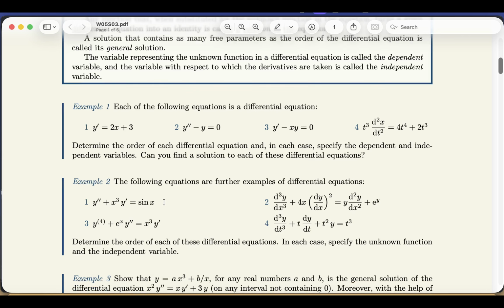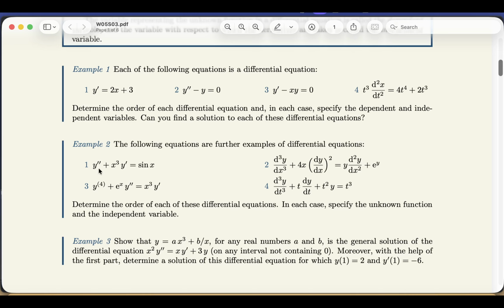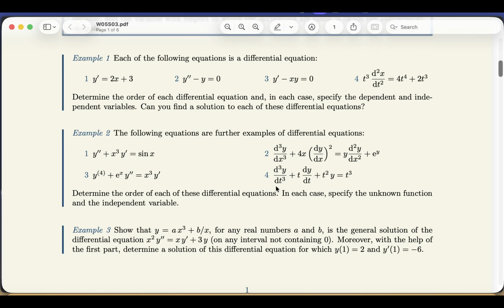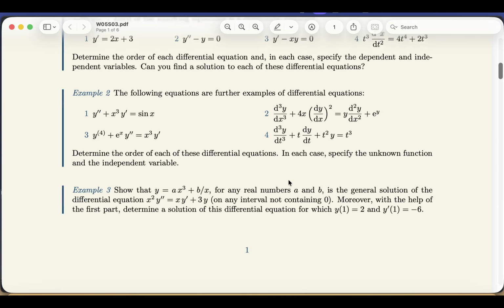Okay, so example 2, number 1 is of order 2. And let us jump immediately to number 4, because most of you don't have this in front of you. So what about the order of number 2 or number 4? It is 3. Can you tell me what is the dependent variable in number 4? Y, and the independent variable? T. Okay, so that's very simple.